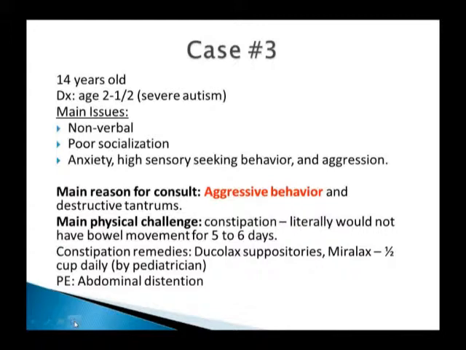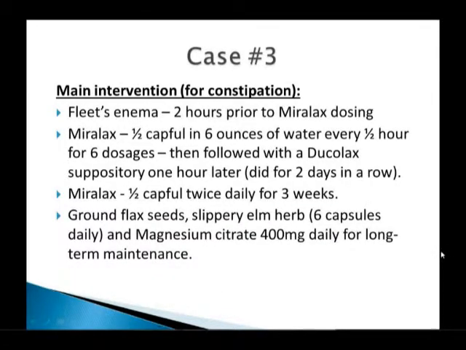So to kind of get the process rolling here, a main intervention for constipation was employed using a Fleet's enema, and doing that prior to 2 hours of Miralax dosing. And this was kind of a shotgun approach. This was, hey, we've got to get some poop out of this kid to see if that might help him feel better.